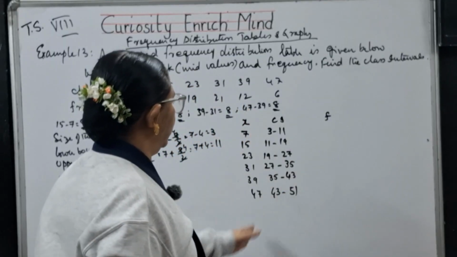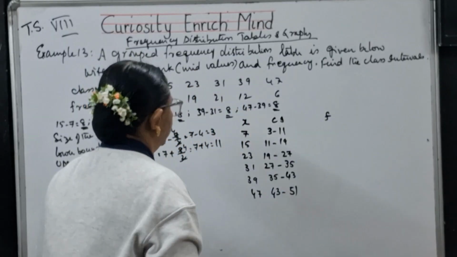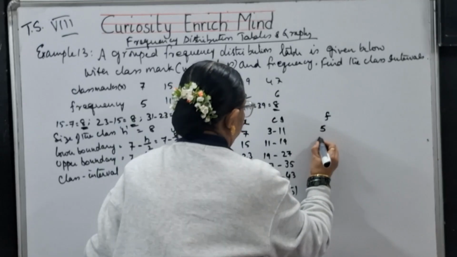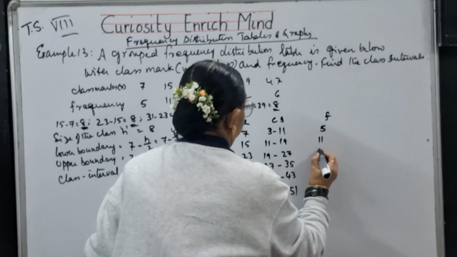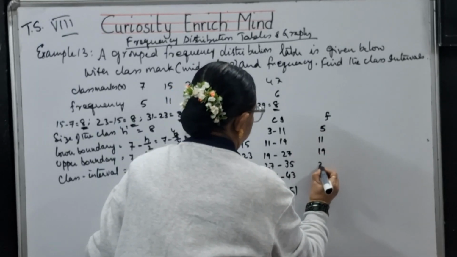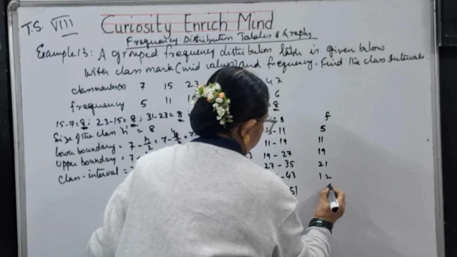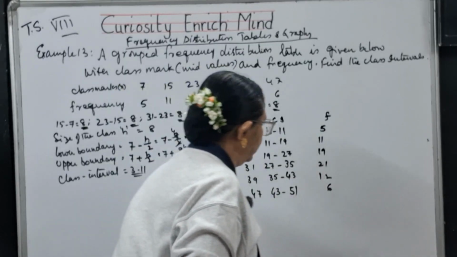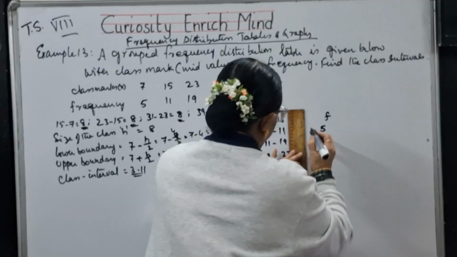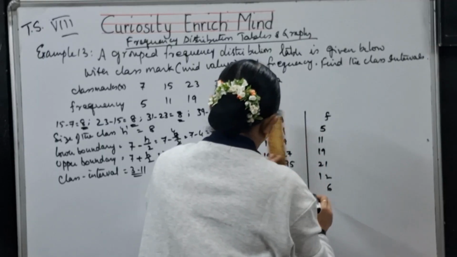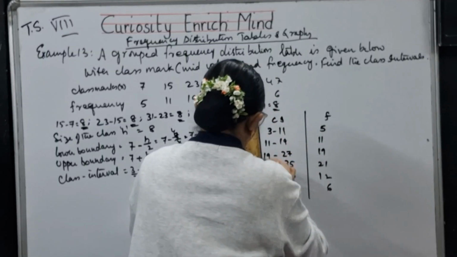So these are the class intervals, and the frequencies as they are: 5, 11, 19, 21, 12, 6. So this is the table that you will be getting, children, with the help of the values that are given to us.